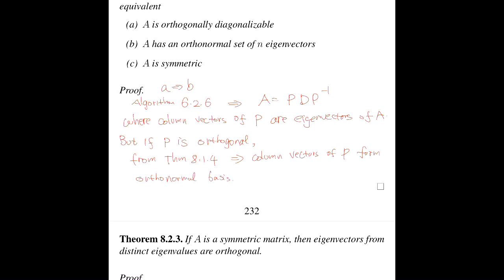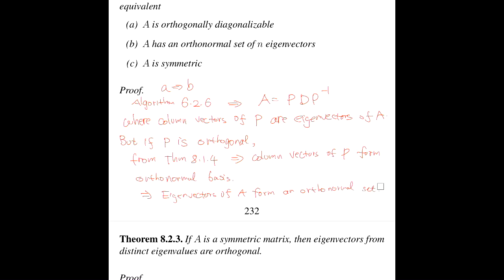Okay, so if we combine these two, then we know the eigenvectors of A form an orthonormal set.